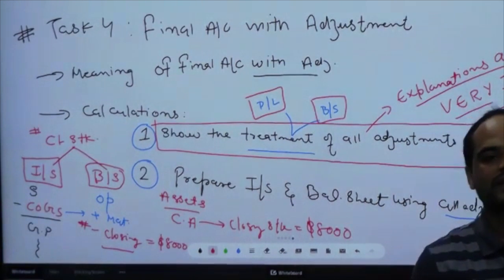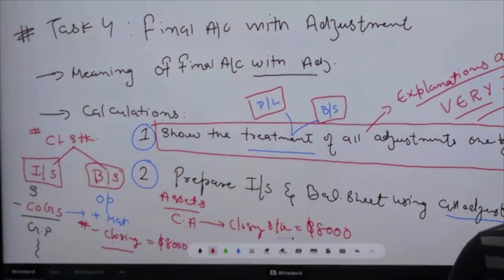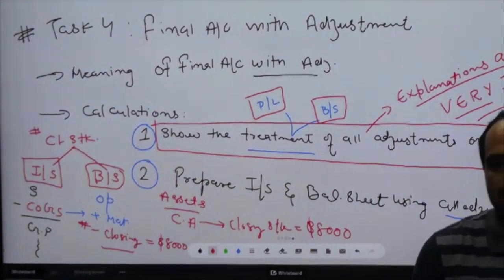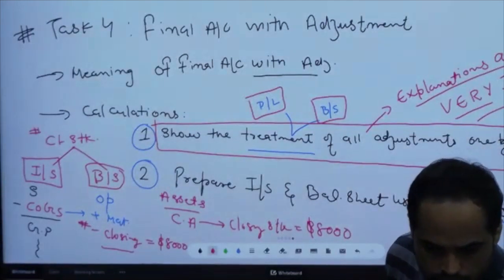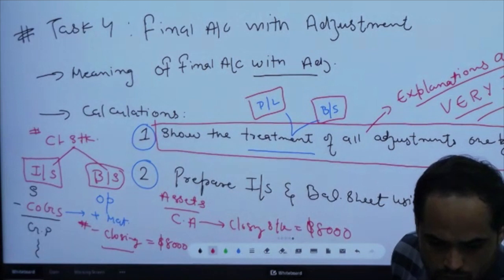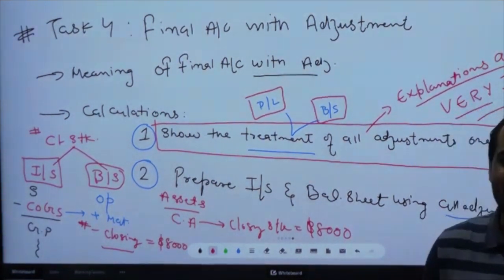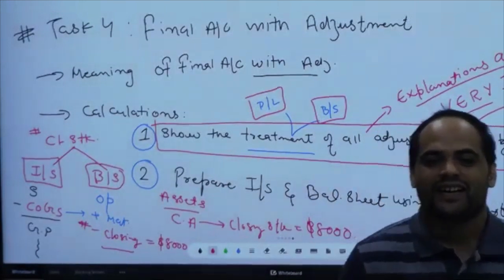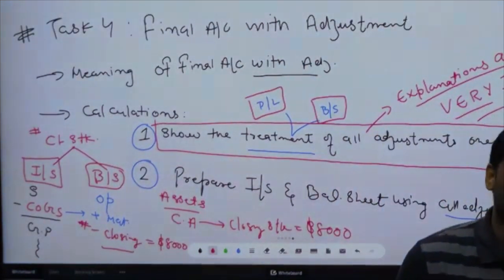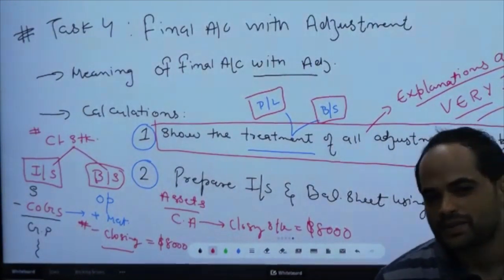So is it clear? Task 4, outline. Any questions? Ask me. As I said, I will repeat again, better you watch the recording that I have. I still do not understand it. Okay, so let me write emails about explanations of these accruals and prepayments, all right?